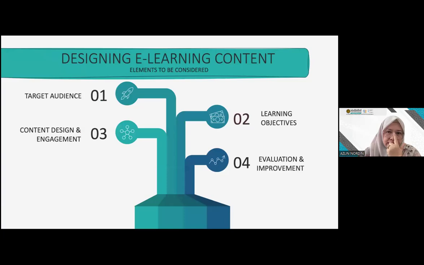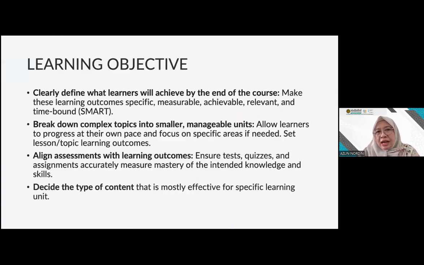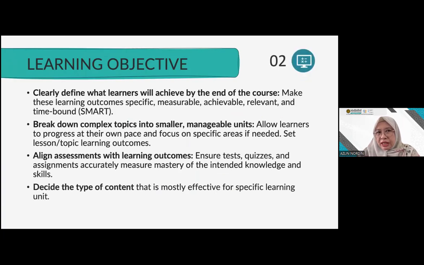Let's move on to the second one, on the learning objectives. Consider what are the learning outcomes that you want them to achieve. We have the learning outcomes for the course, and we also have learning outcomes for each topic.